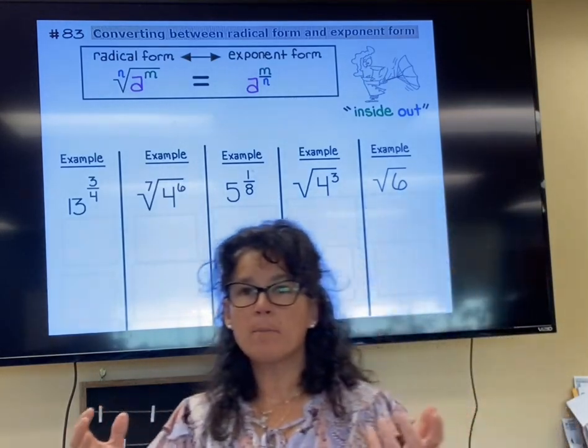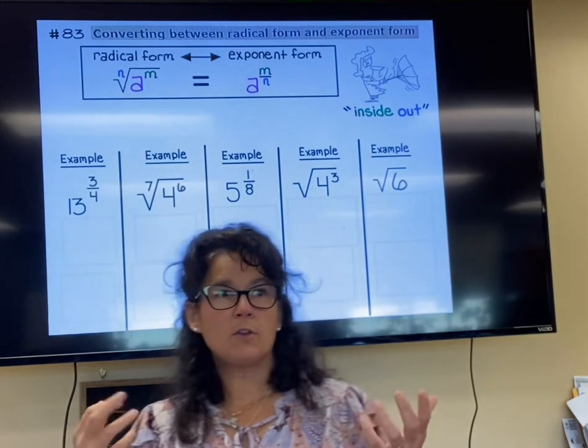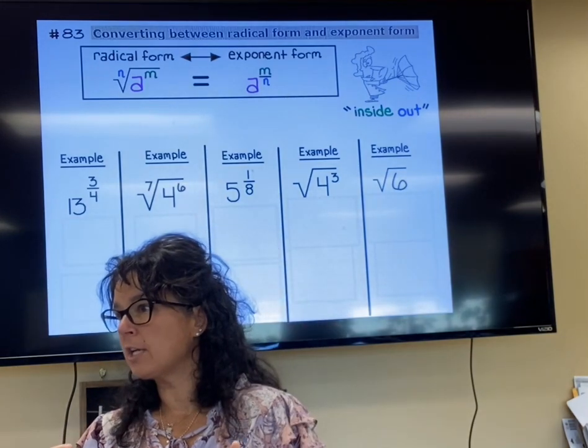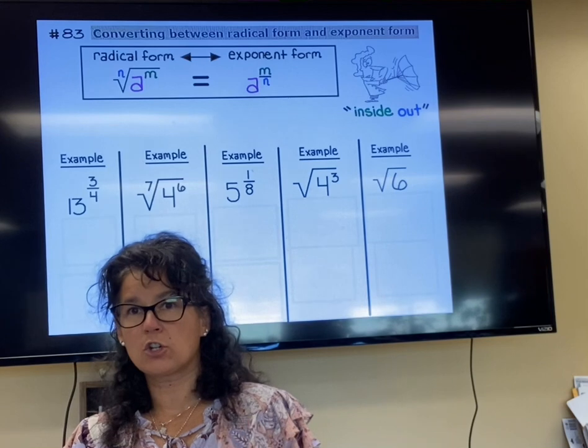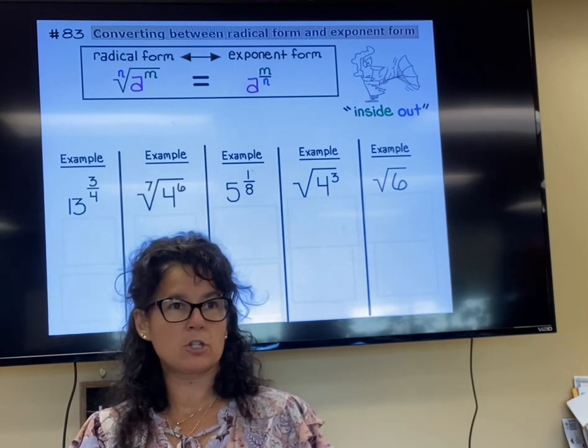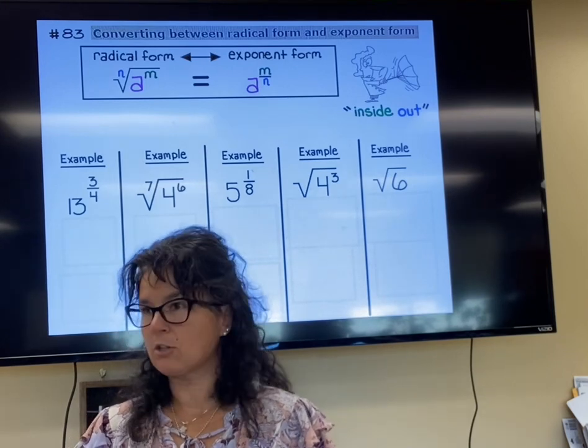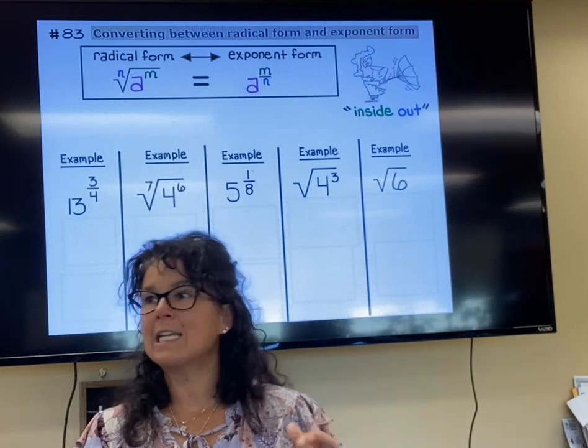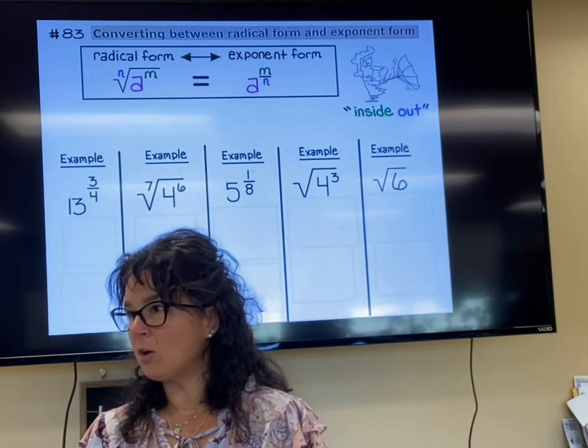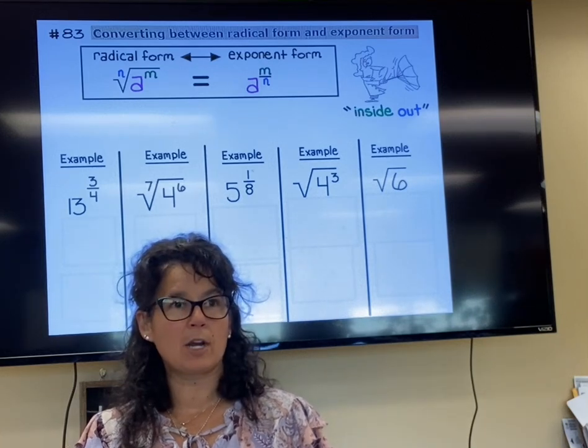And to help you remember how to do it, think about doing your laundry. You might turn a shirt that has a bunch of stickers and whatever on it inside out before you wash it. Inside out is a common phrase.